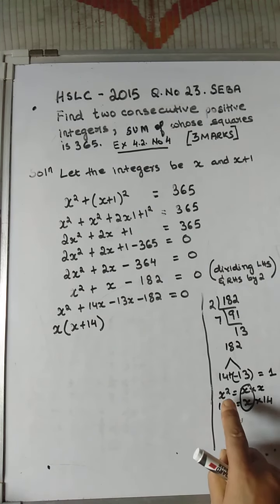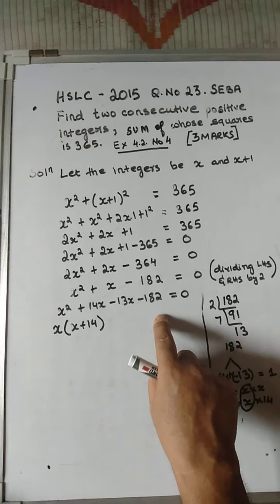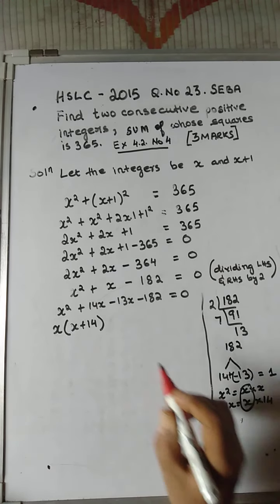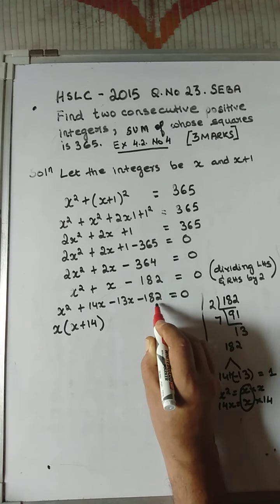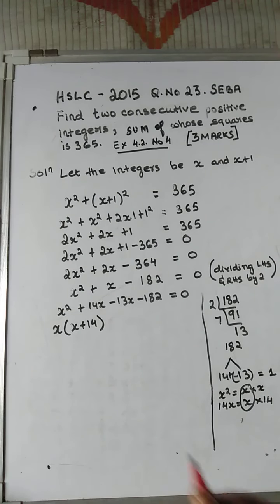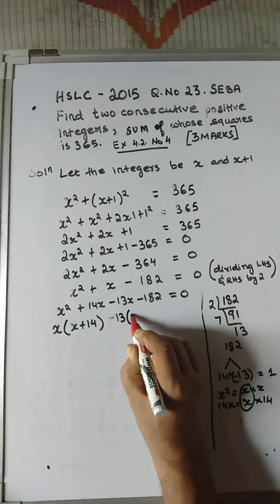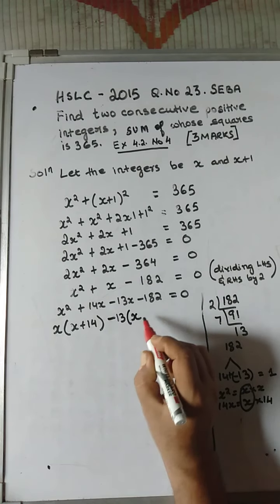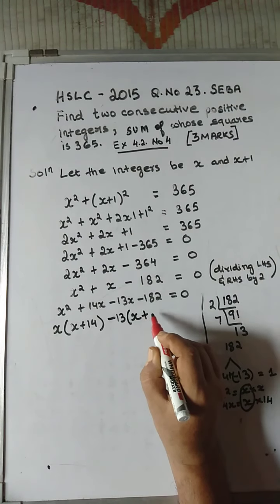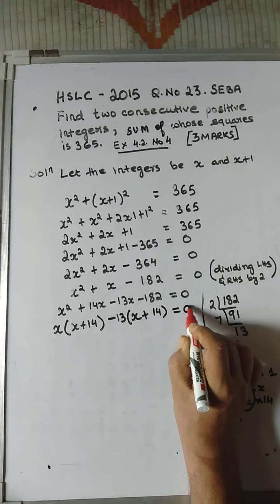And since when you multiply 14 and 13, you get 182, and you need a 14 inside the bracket, you obviously would know that 13 is here, and 182 also has 13 as a factor. So we put here minus 13, and then we put x there, and multiplying the signs, minus into plus would give you a minus, so here you would put 14 is equal to 0.